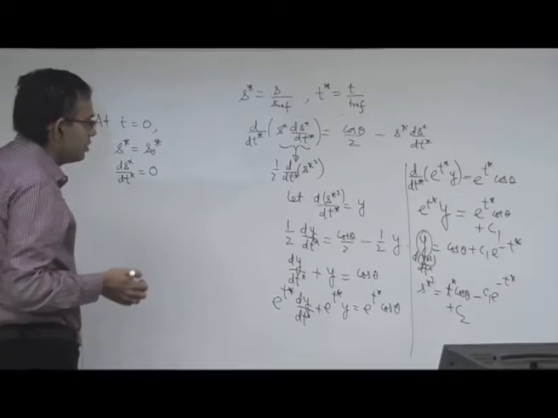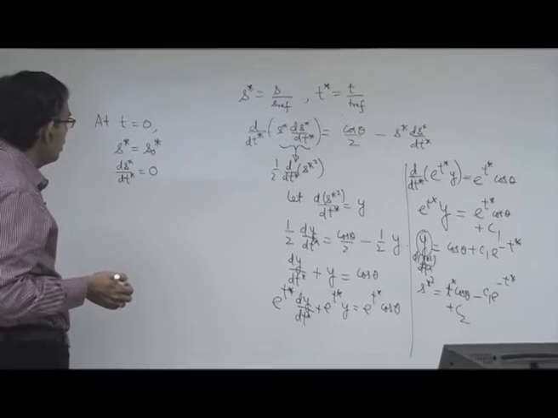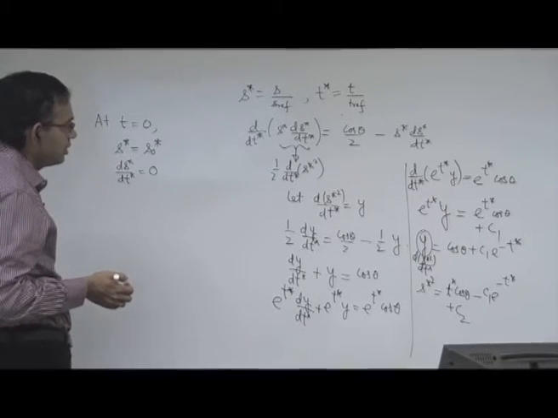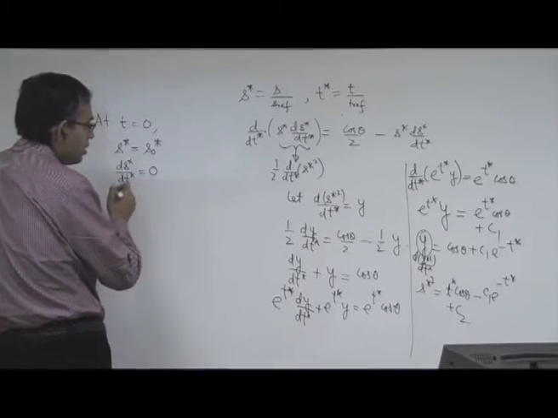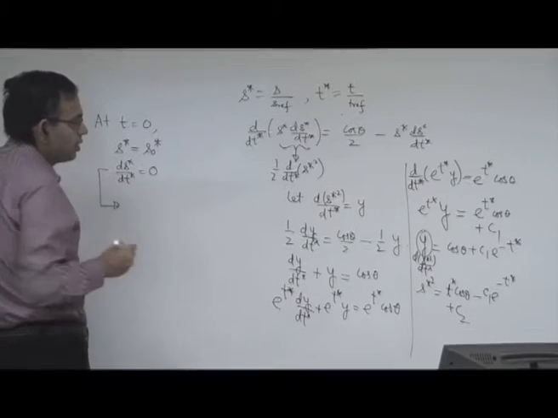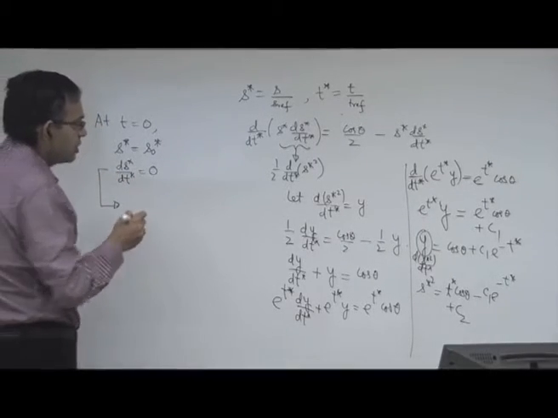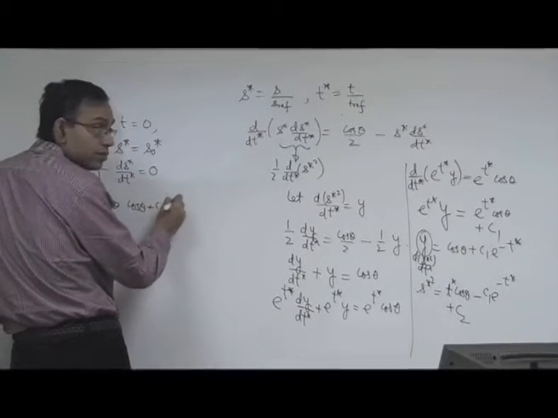If you do that, then what you will get from this is cos theta plus C1 equal to 0, right.